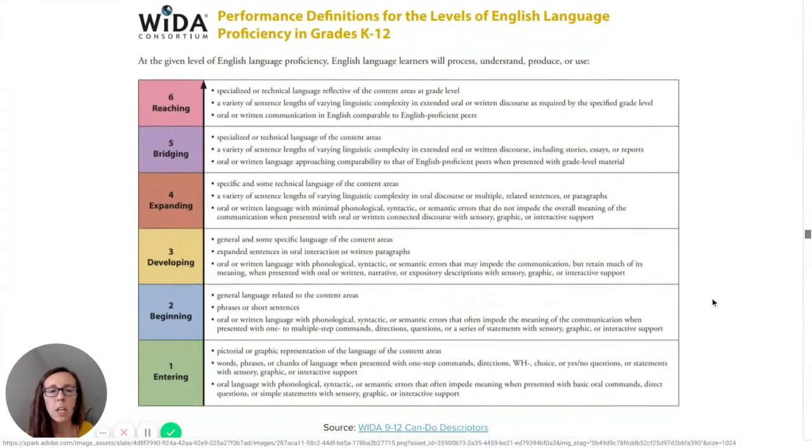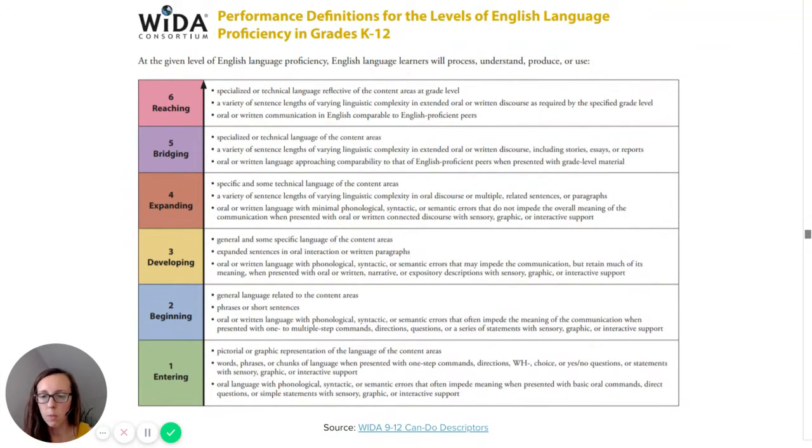So again, as we're thinking about English learners in our classes, there are some English learners that you might recognize right away because their English proficiency level is maybe more of a lower level, a 1 or a 2.